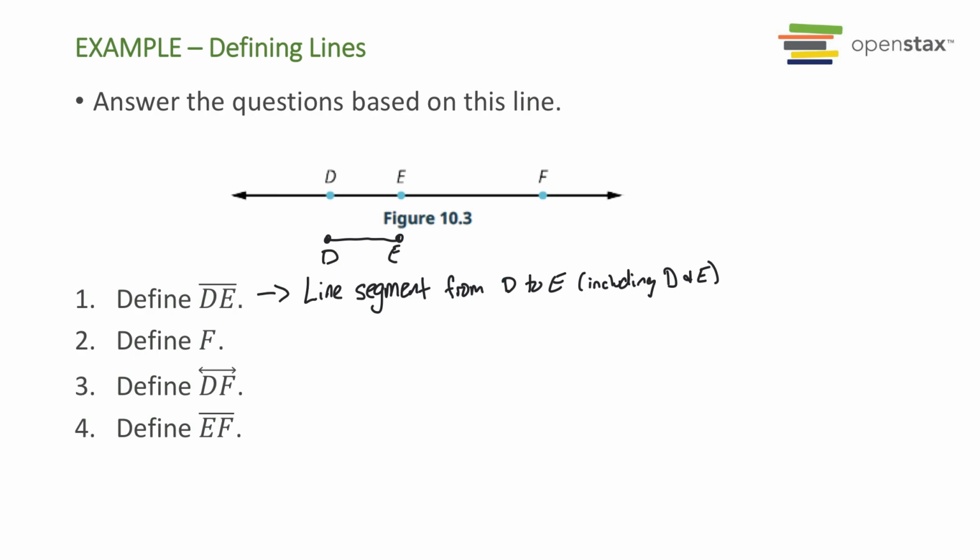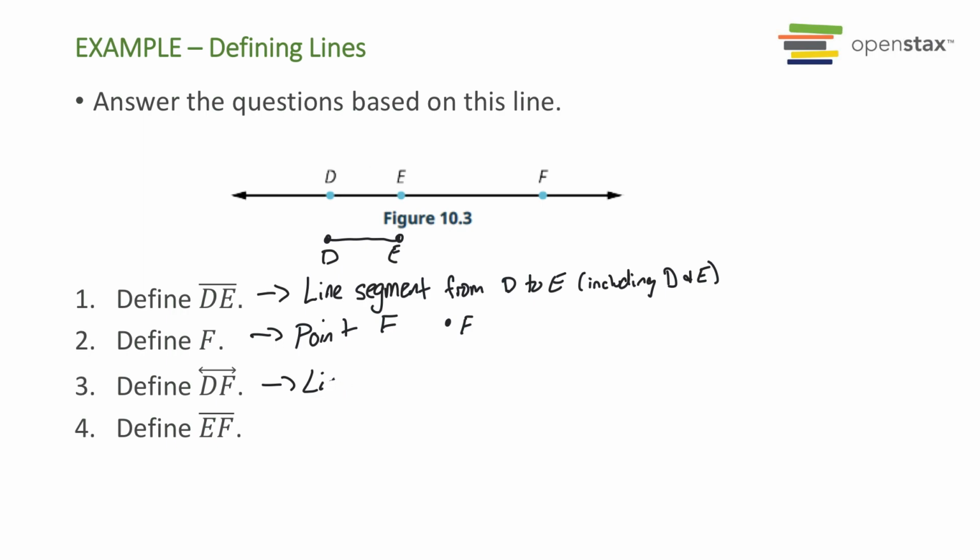All right, and then F, this is just point F. And so that would just be literally the point F just there on the figure. Now, number 3, this is line DF.